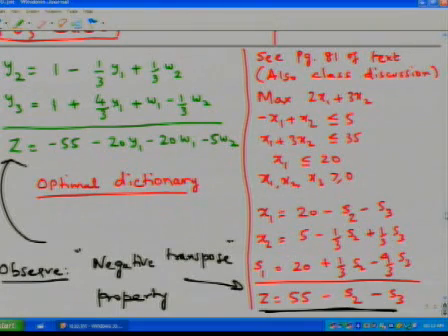So in our particular case, B is given by -1, 1, 1, 1, 3, 0, 1, 0, 0.